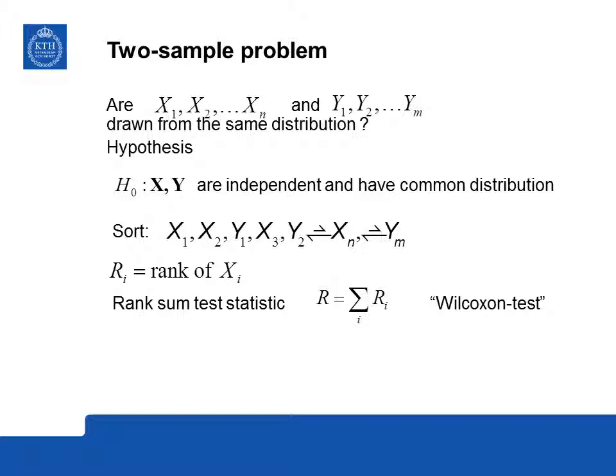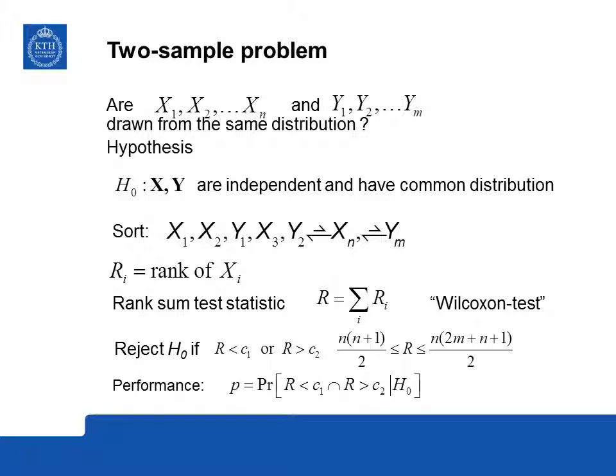If the rank sum of the x's is very small, meaning that all the x's occur to the left in the sorted vector, or reversely, if the rank sum of the x's is very, very high, corresponding to the case when the x's occur only to the right in the sorted vector, then we would reject the hypothesis. So if the rank sum is smaller than C1 or larger than C2, we would reject the hypothesis.